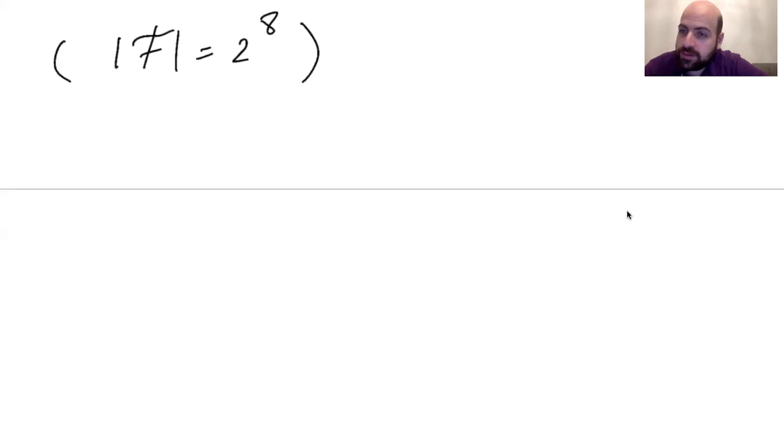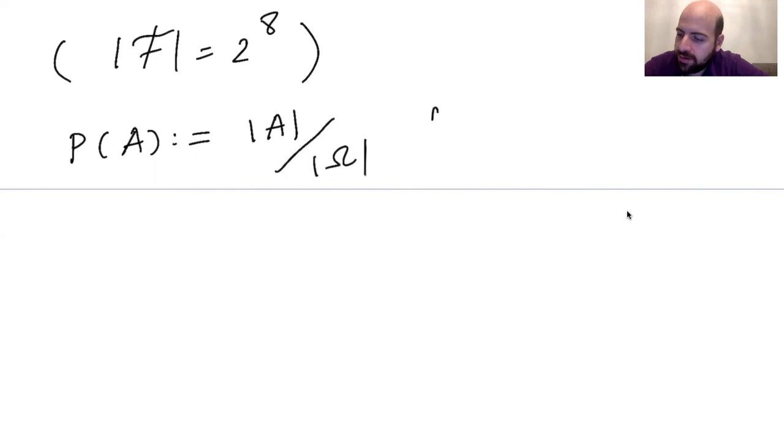And you also need to define the probability measure. How can we define it? P of A, we are going to define as the number of elements of A divided by the number of elements of omega, for any A in omega.